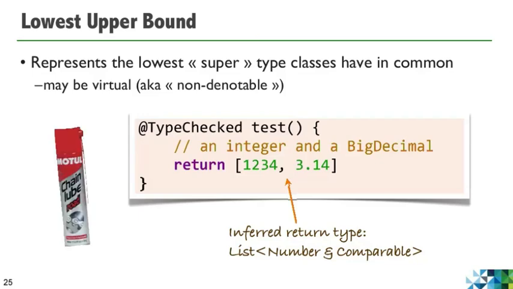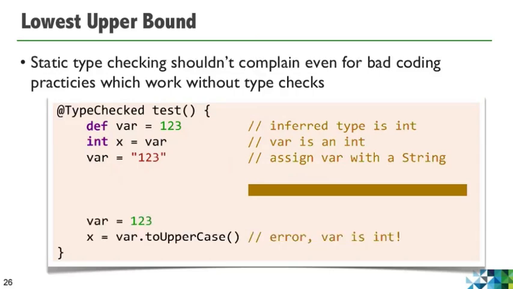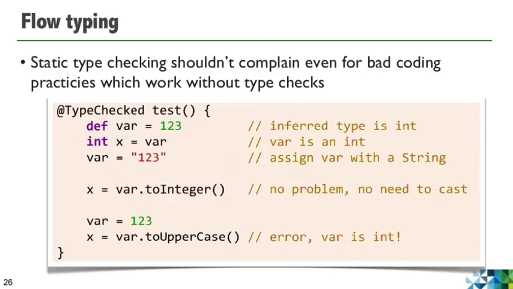So this is the LUB, and since we have type inference, there's also a case which is usually not a very good coding style, but sometimes people use variables to hold different values of different types. Our variable here contains an integer.